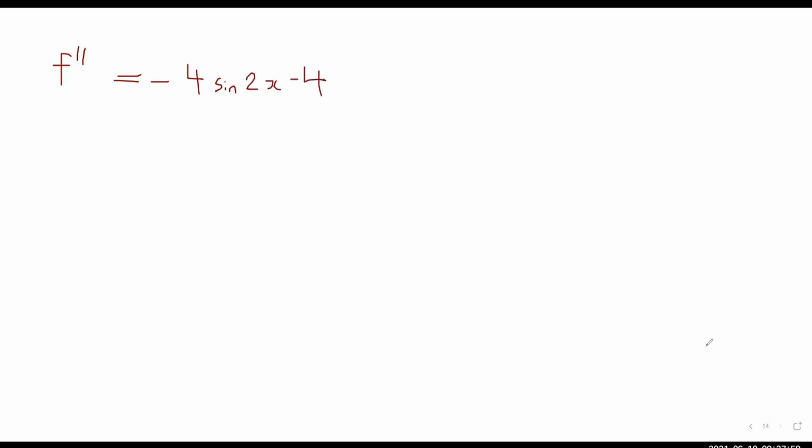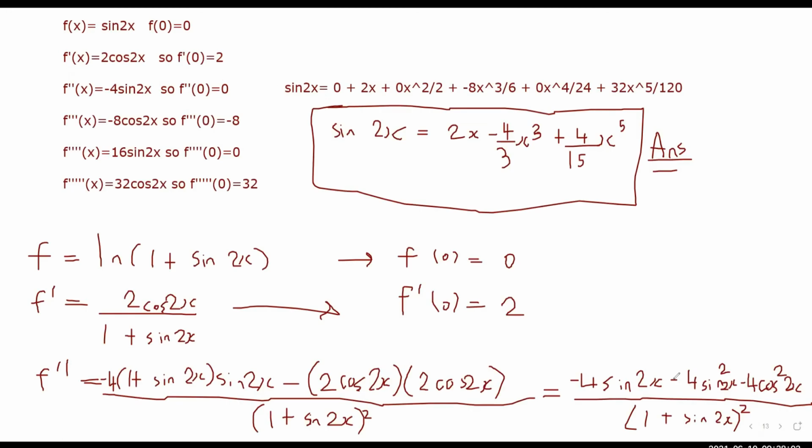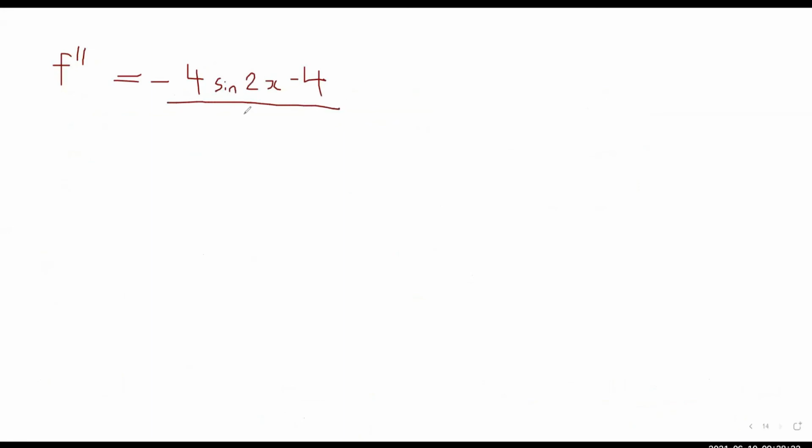If you want to know where I get that minus 4 from, if you factor out a minus 4 from this, you'd have sine squared 2x plus cos squared 2x, which gives you 1. Then 1 times negative 4 is negative 4. So this is what we get for f double prime over 1 plus sine 2x.